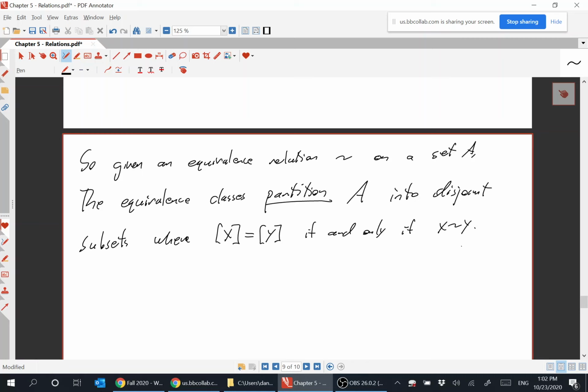So that partitioning equivalence relation is actually every equivalence relation.